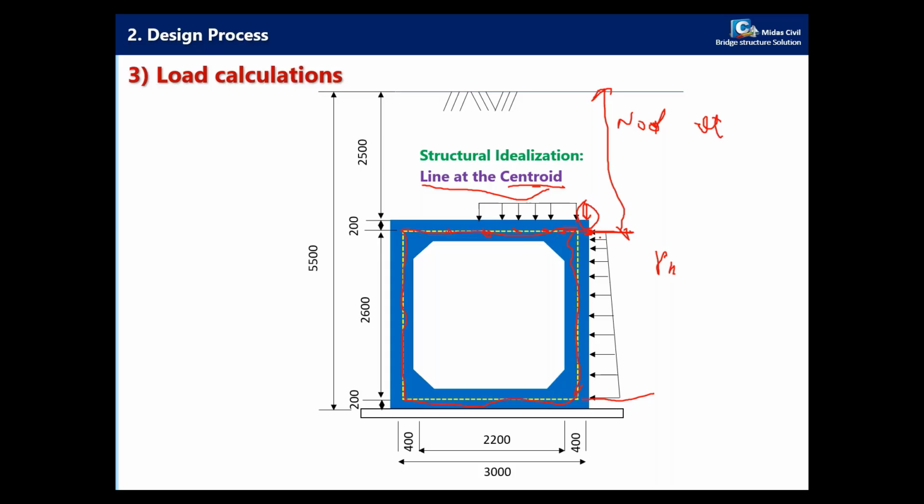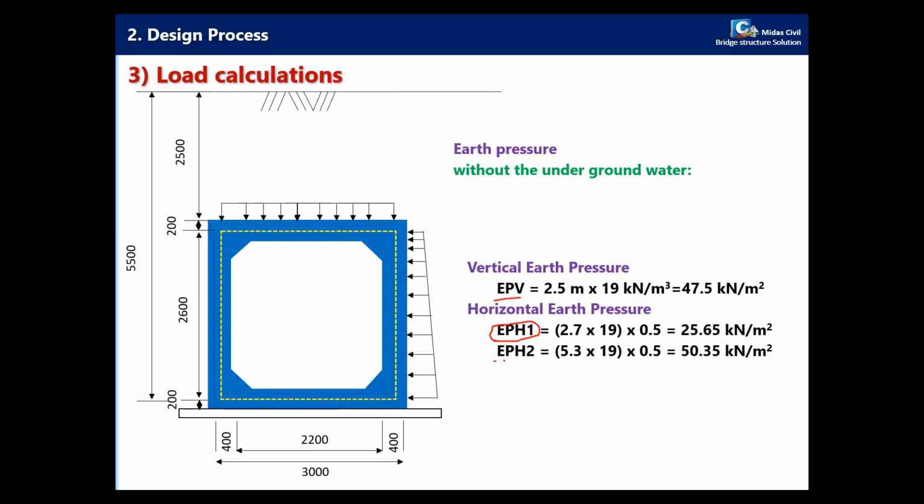This is the earth pressure, the vertical one, and the earth pressure, the minimum, and this one is the maximum. As you can see, this distance here is 2.5 meters, but to reach the centroid, it's 0.2. This distance is 0.2 meter.